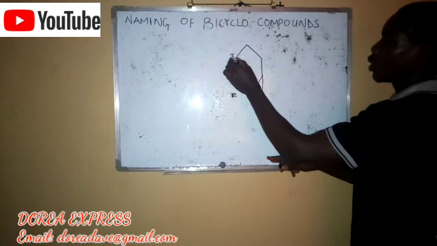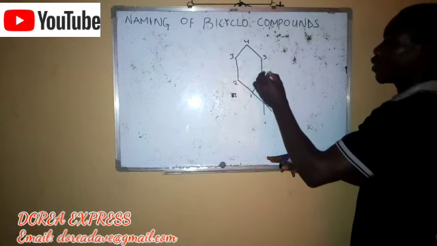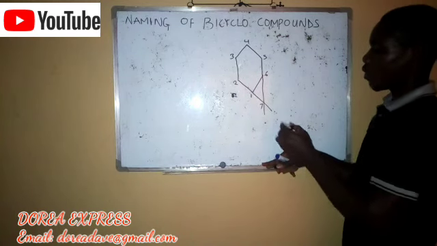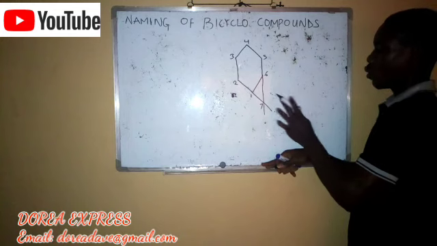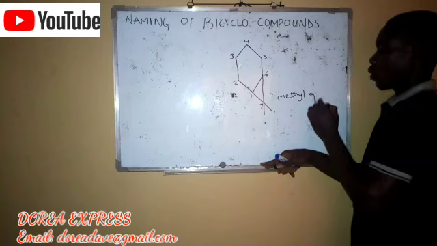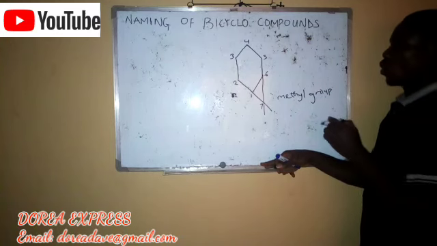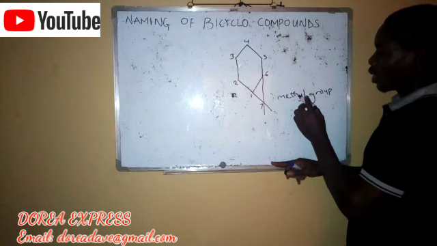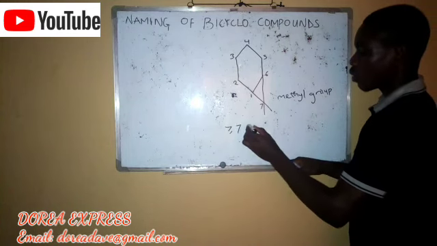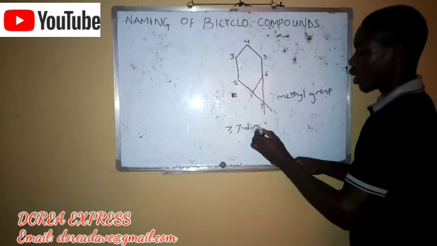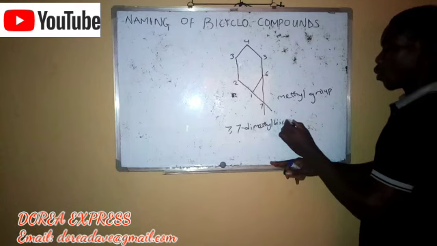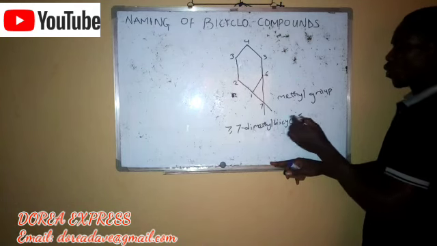This is 1, 2, 3, 4, 5, 6, 7. So this is 7. And we have a methyl group, and this methyl group is at the 7th position. So it will be 7,7-dimethyl bicyclo.